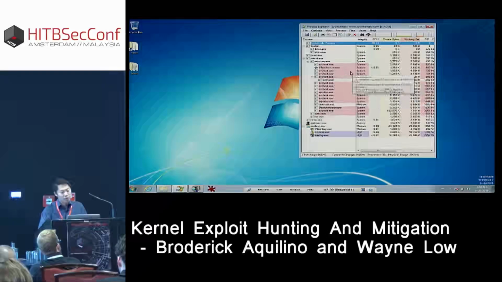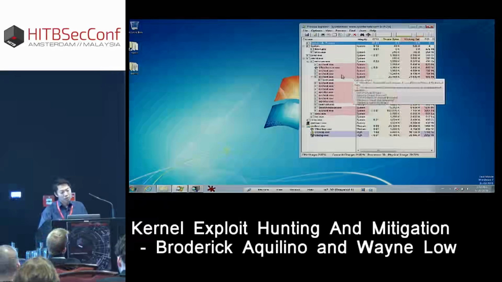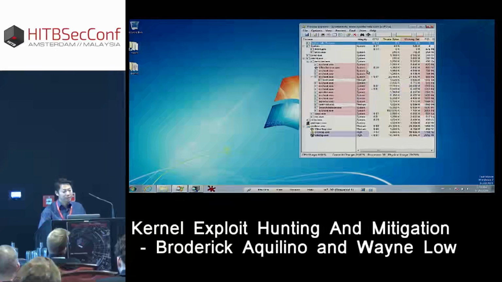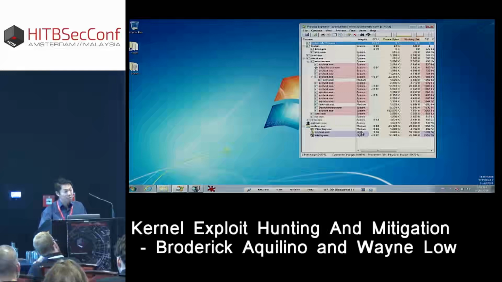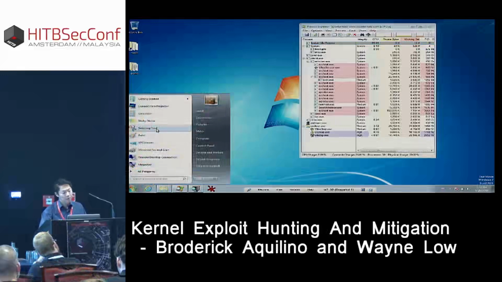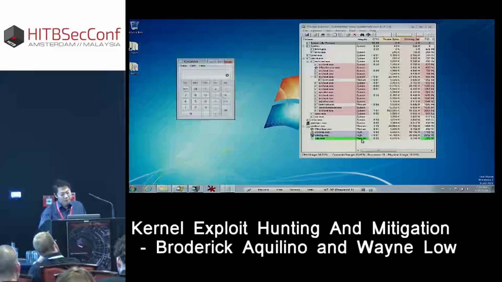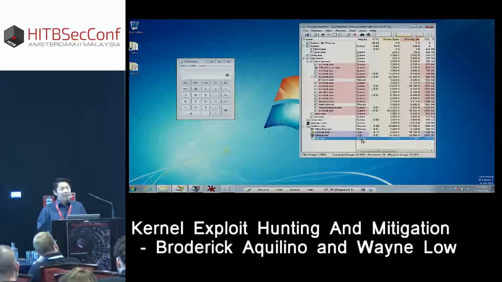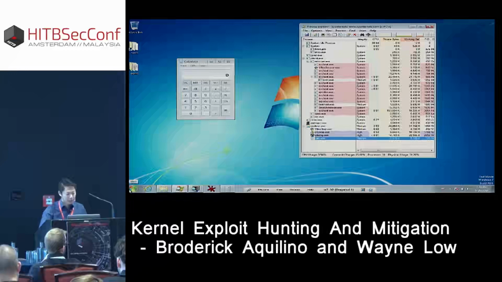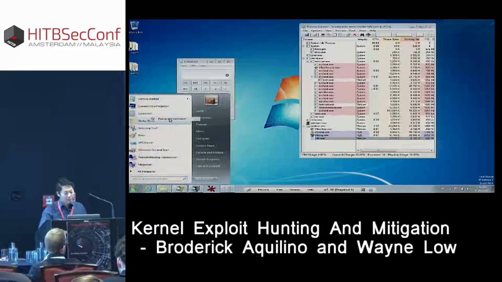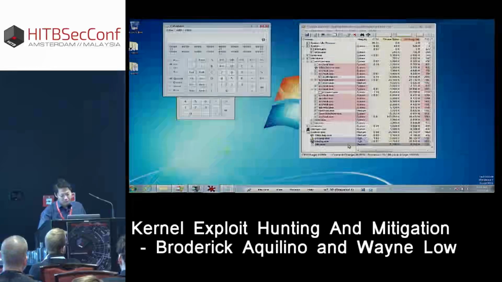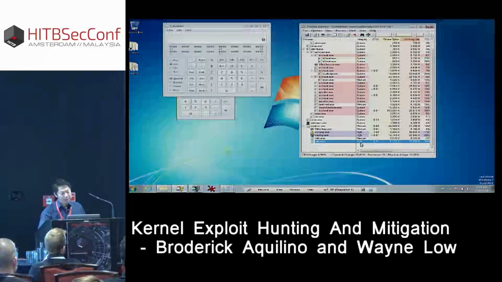So if we look at a normal system, we will notice that only system services have system integrity level, and user processes have the integrity level of the user. For example, let's say we run calculator. It will have a medium integrity level because by default users have medium integrity level unless they are admin users that have authorized through UAC. For example, let's re-execute it again, but as administrator. So now it has a high integrity level.